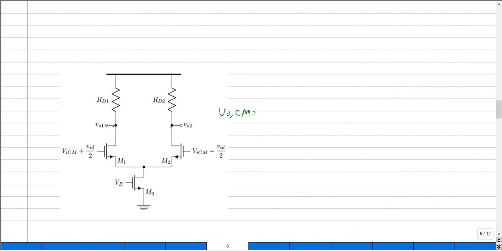When we apply a common mode input, it draws some kind of current, and let us assume that the current drawn by M3 is I0, due to which I have I0 by 2 and I0 by 2 across the drains of M1 and M2. The common mode is clearly defined as VDD minus the drop across these resistances RD, and the current that flows is I0 by 2. This is the value that we would get under the quiescent condition, right?